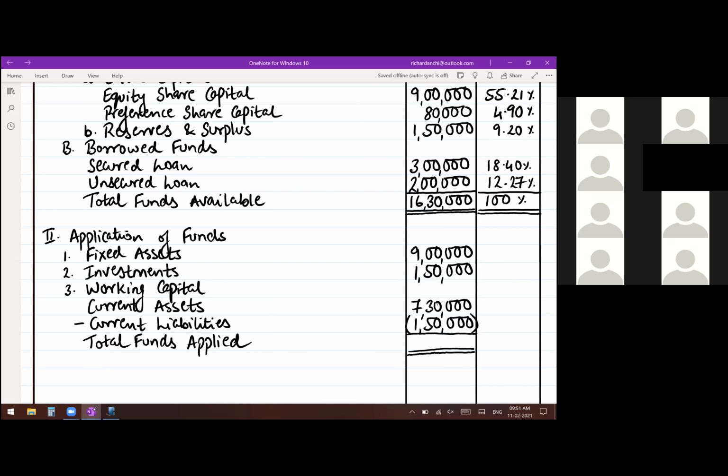Is it 16,30,000? Assets should be equal to liabilities. So total is coming to 16 lakh.